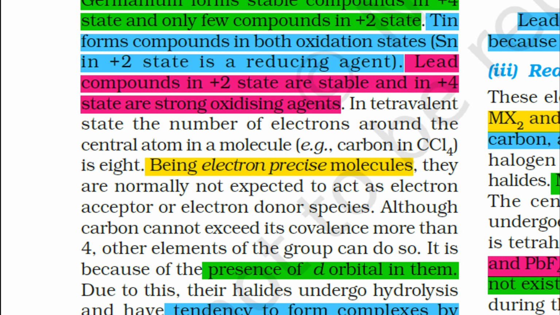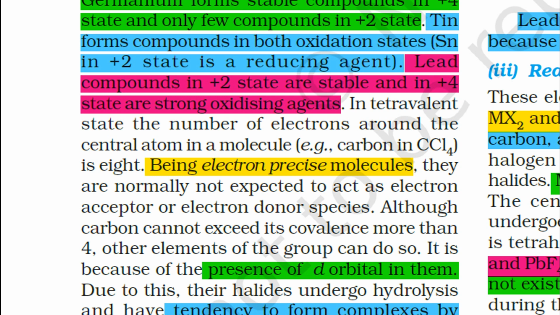That means it will lose electrons, because oxidation means loss of electrons. Remember this. So Sn+2 loses electrons to form Sn+4. And you can add another line here in NCERT that Sn+4 is more stable than Sn+2. So that's why Sn+2 acts as a reducing agent and itself will undergo oxidation.